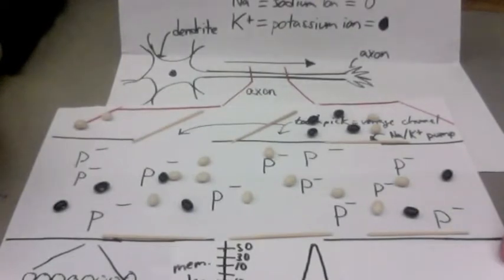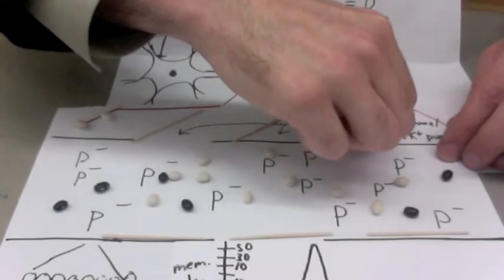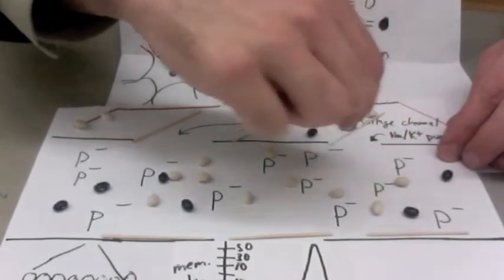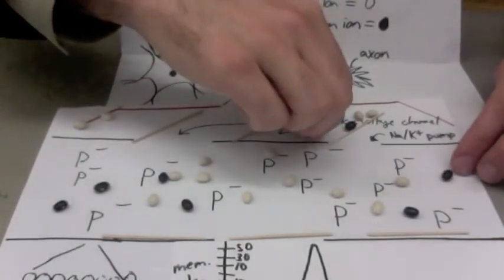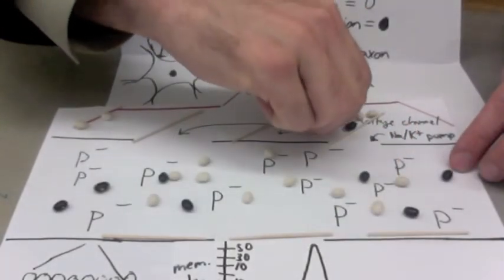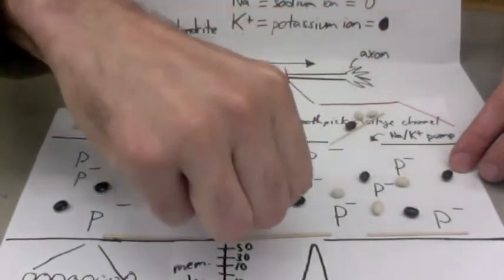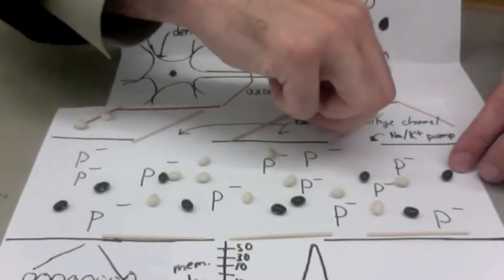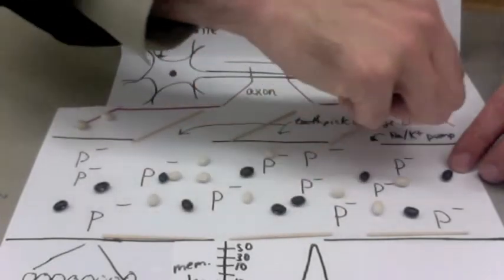Now, in order to allow the neuron to fully recover, a third gate, if you will, or pump, is opened up, and by opening up this third pump, the potassium is pumped against the concentration gradient back inside of the neuron, and at the same time sodium is pumped against its gradient back outside.